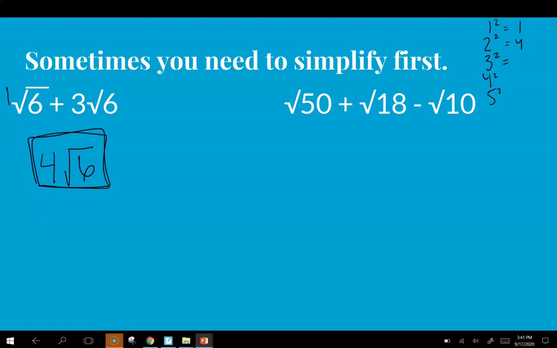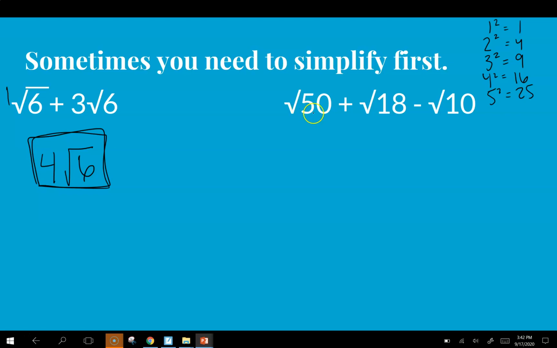I would memorize them probably through like 14, 15. I just don't have enough space. I'm just going to show you the first 5, but I would try to make sure you understand square root of 1 all the way to the square root of 15. It's a good set of squares to have known.